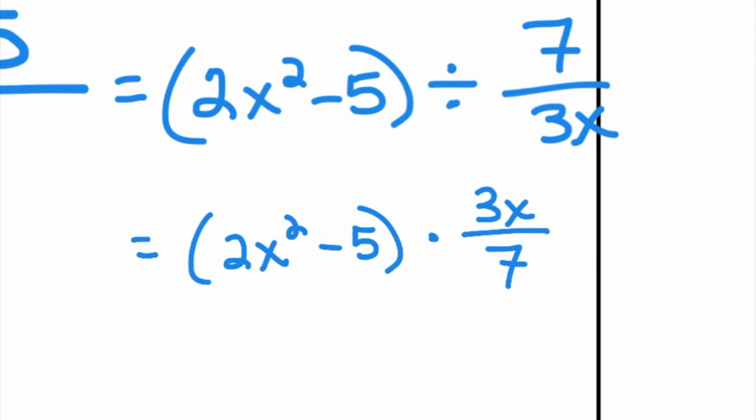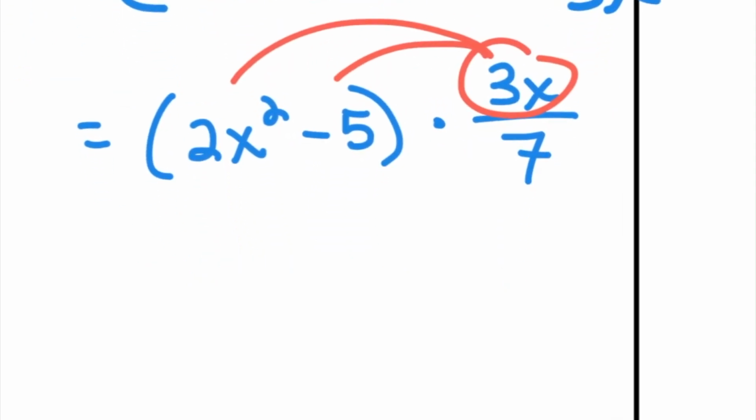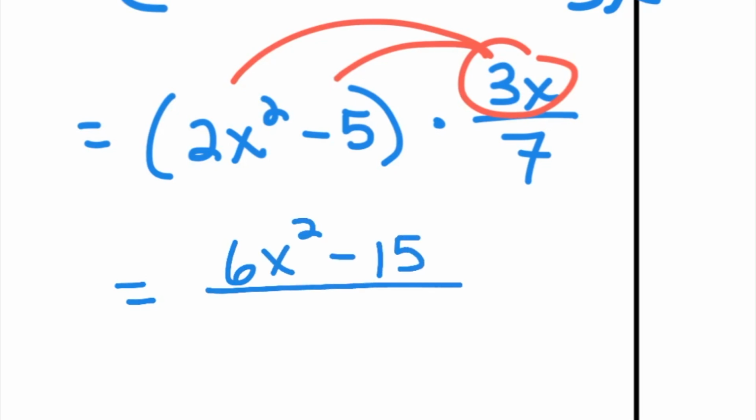Remember that when you're dividing by a fraction, you take the reciprocal of the second fraction, flip it over and treat it as a multiplication problem. So now I'm going to take just the 3x and distribute it through the 2x squared minus 5. So in the numerator, I get 6x squared minus 15x, and my denominator is just 7.